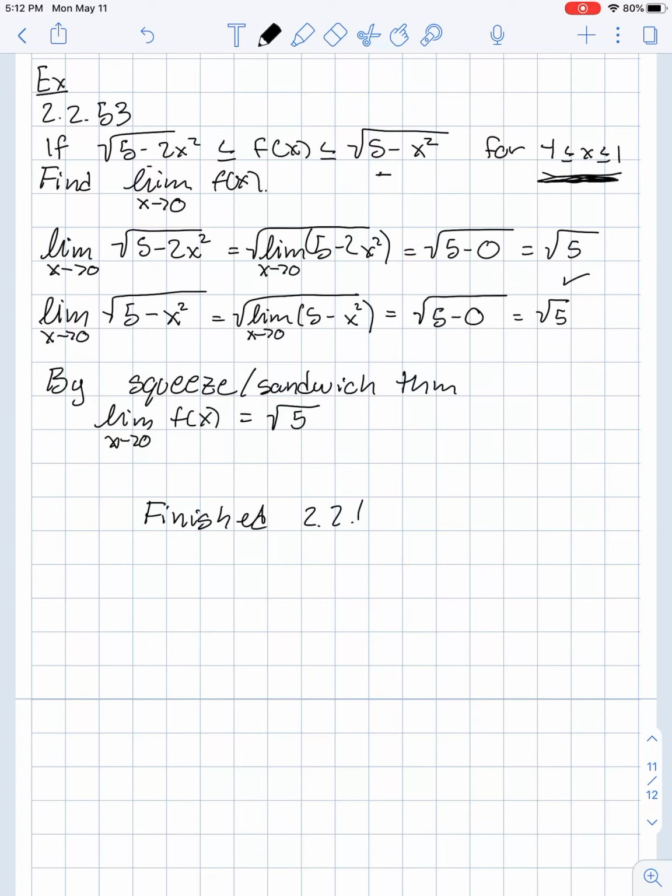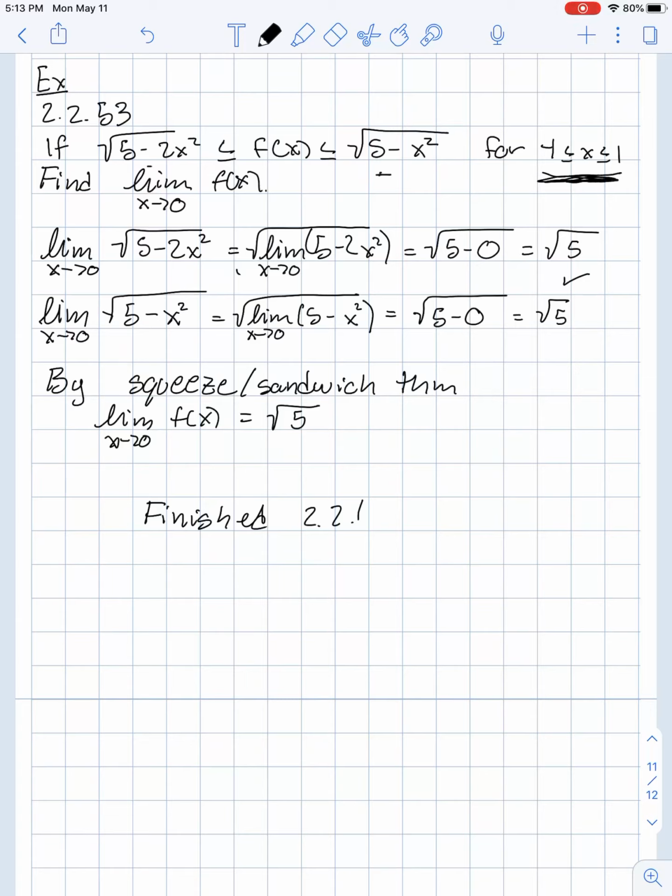I move the limit inside the square root. And then since I know the polynomial theorem, I can just plug in 0 right here into 5 minus 2x squared. And I get the square root of 5 minus 0. Well, that just equals the square root of 5.